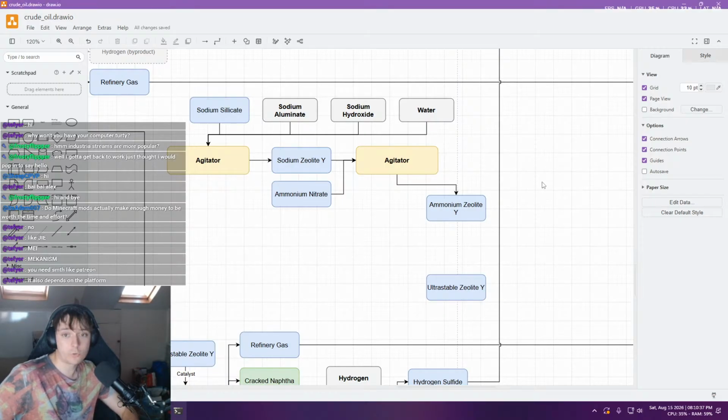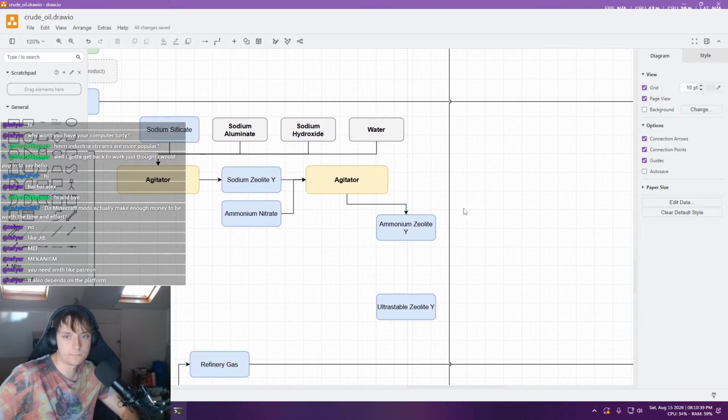So yeah, just don't do it for the money, basically. Don't even try. You're wasting your time. You need to do it for the love of the game. If you don't do it for the love of the game, then it's not happening. So yeah.